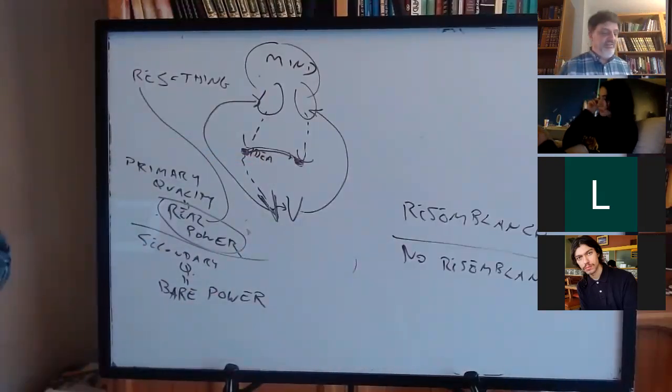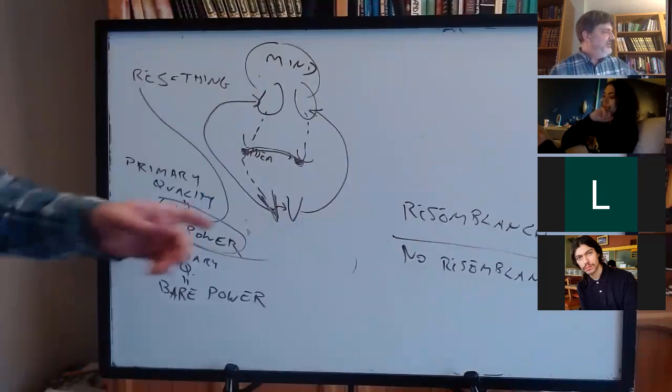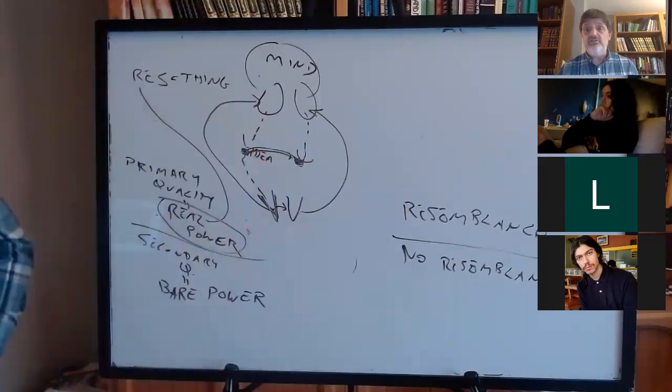So resemblance here doesn't mean they look the same. Right? They look kind of similar if you squint or something like that. It means they have an analogous structure. And that indeed is something that resemblance can mean as a technical term. And I think that's what Locke means by it.